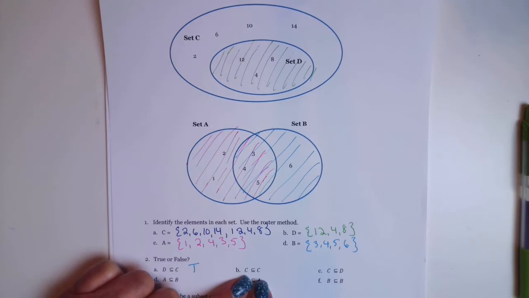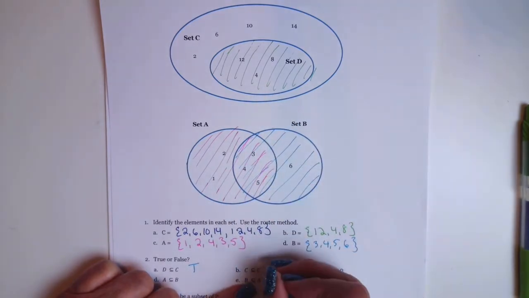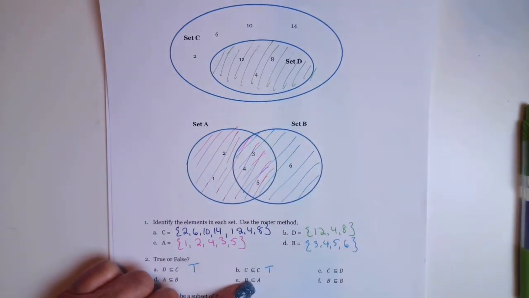Well, if we think about, are all the elements of set C also elements in set C? Yes, they are, because it's this whole big circle here. So set C is a subset of set C.